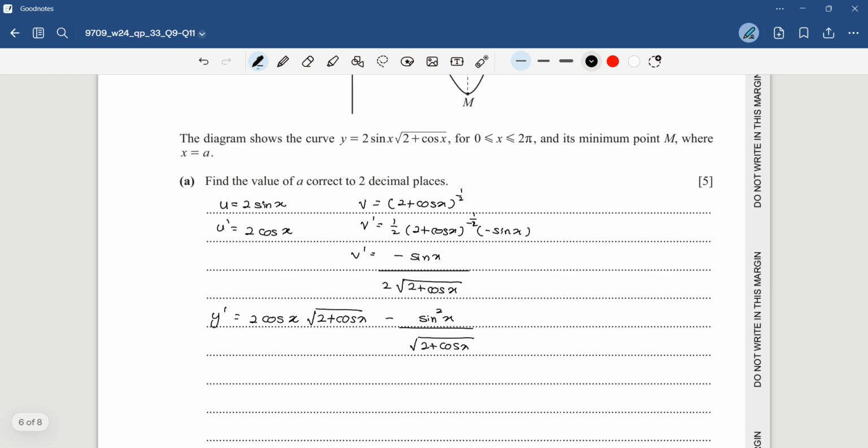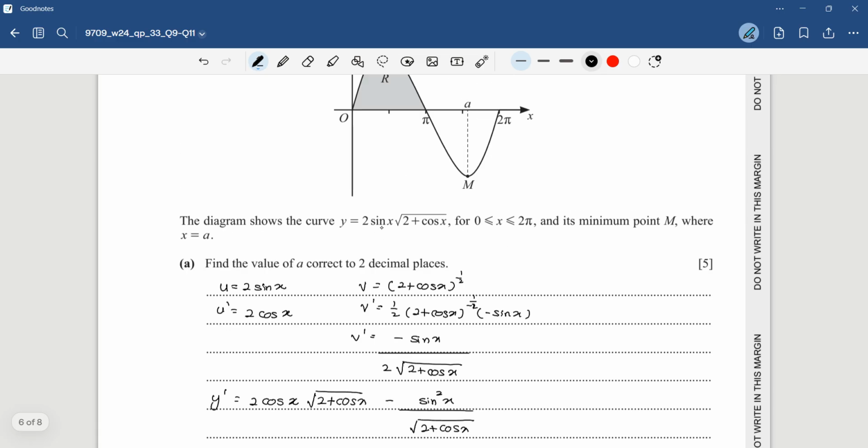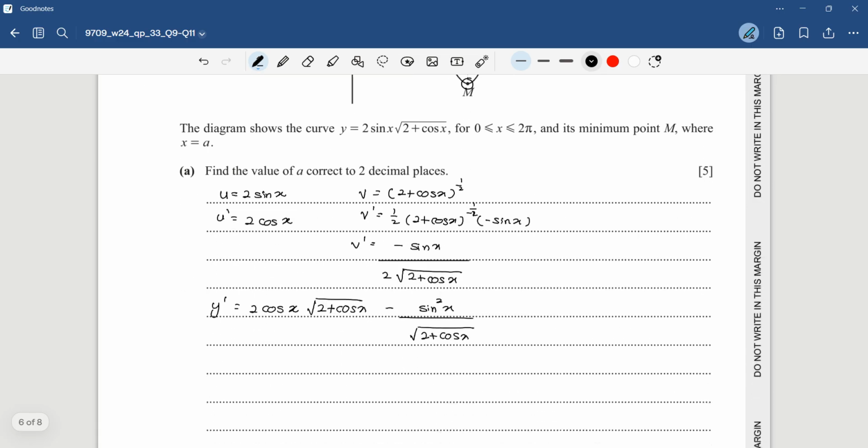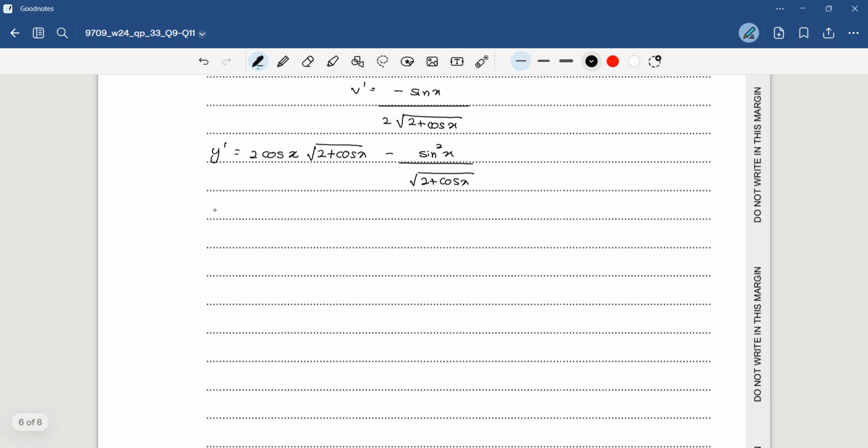So this is my dy/dx. At the turning point, so at the maximum or minimum point, your dy/dx equals 0. Therefore, you can write 2 cos x times the square root of 2 plus cos x minus sin squared x over the square root of 2 plus cos x equal to 0. So you multiply the whole thing with the square root of 2 plus cos x.